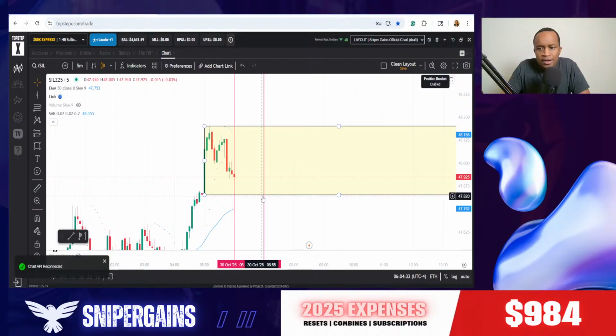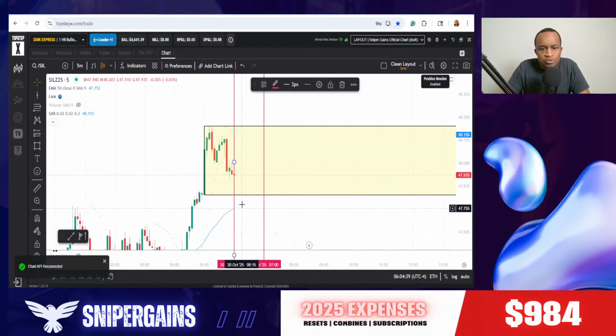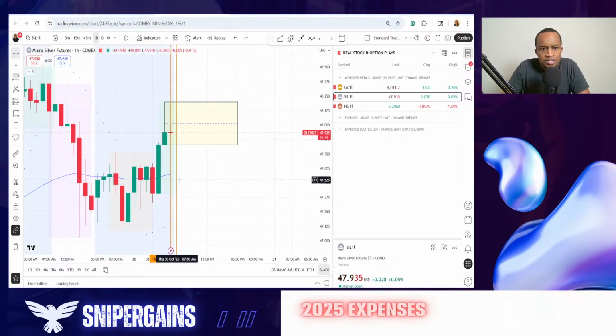Okay, so now we are at 6:04. So we're going to try to see what it does in terms of the candle movement. So keep an eye on this just to see.